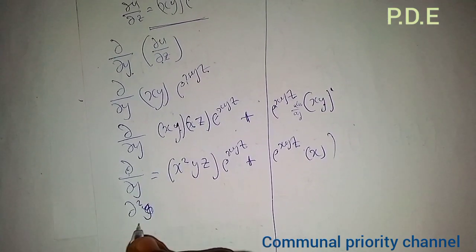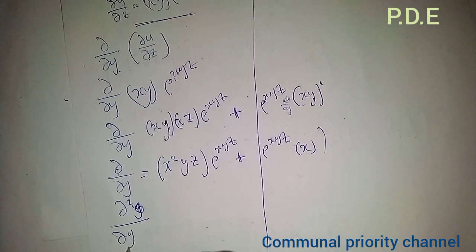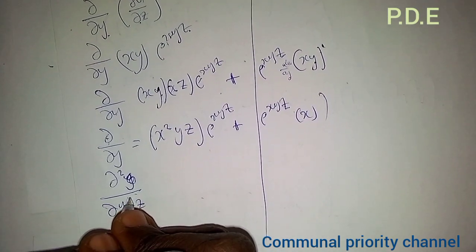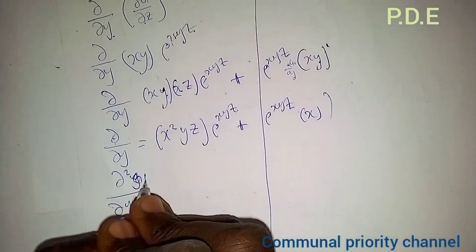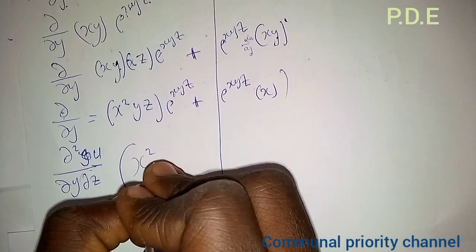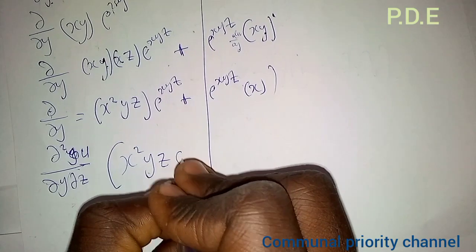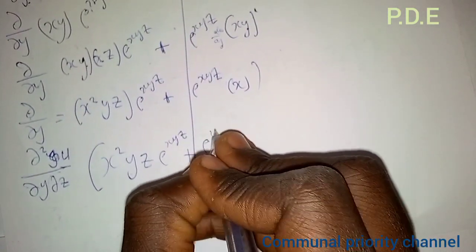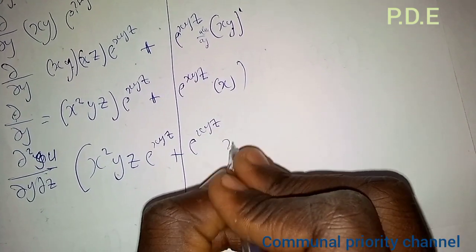So that's why we say differentiation square of y. So differentiation square all over differentiation of y and differentiation of z, because now we are differentiating the differentiation of z in respect to what? In respect to y. So we can put our u here. Multiply by what? X square yz exponential xyz plus, put this exponential xyz x.